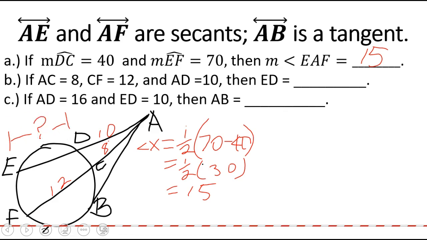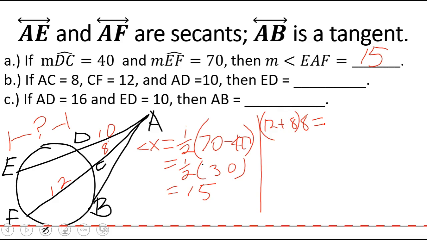Okay, so how are those segments related? They are secants, right? Each one of them is a secant. Make sure you add the whole length though. We need to add 12 plus 8. So we do 12 plus 8 times 8 equals what?